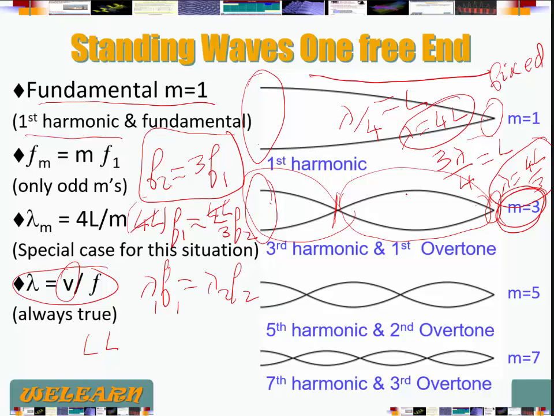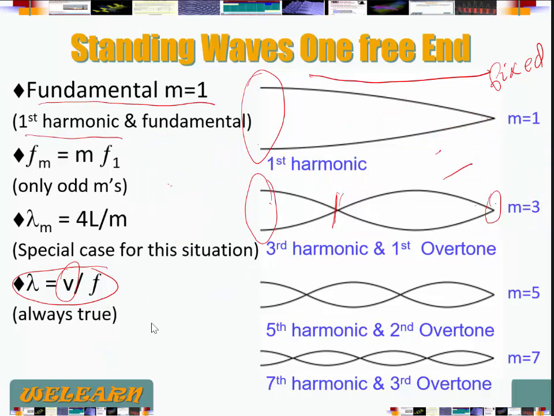Okay, now I'm going to erase all of this and get back. So at the fundamental frequency, what we have m equal 1, the wavelength we said is 4 times L. At the next mode, that will correspond to m equal 3, we are going to have a wavelength that's equal to 4L over 3.